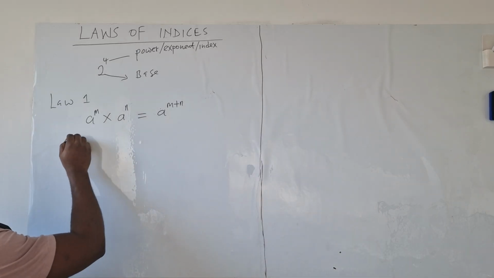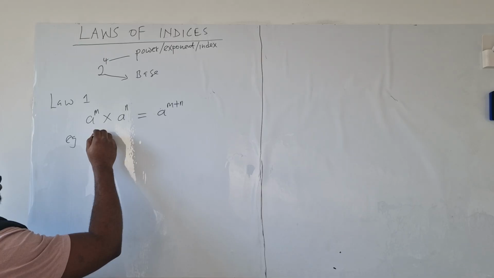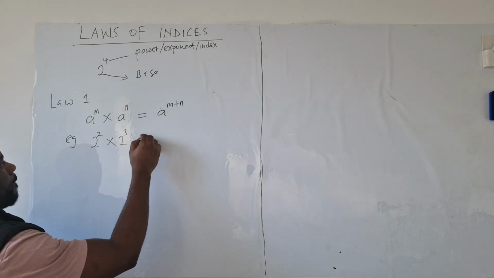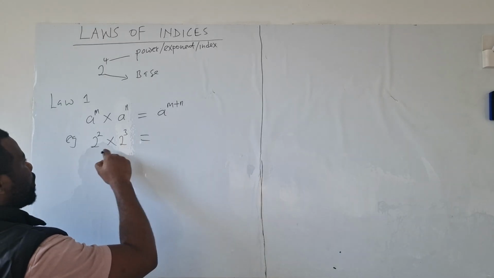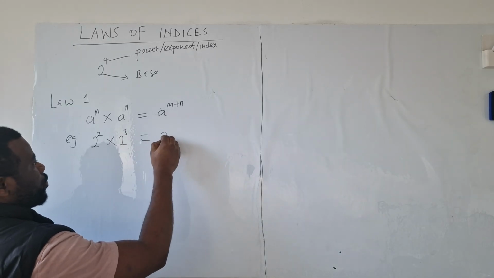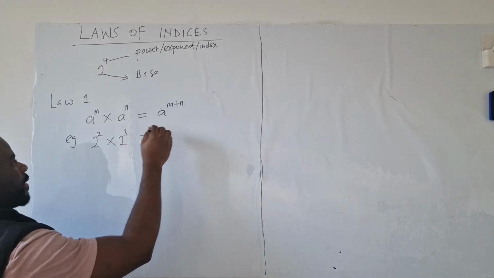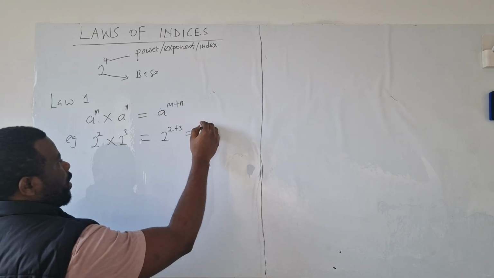Example, we can have 2 power 2 times 2 power 3. According to the law, this should be equal to taking one of the common base, base 2, and then adding the powers, 2 plus 3, which gives us 2 power 5.